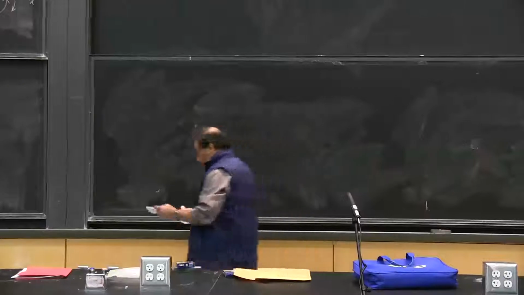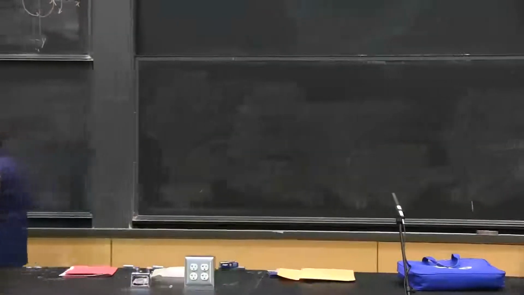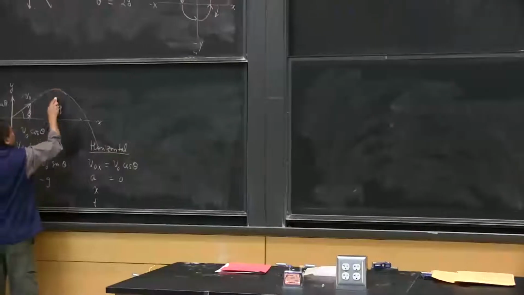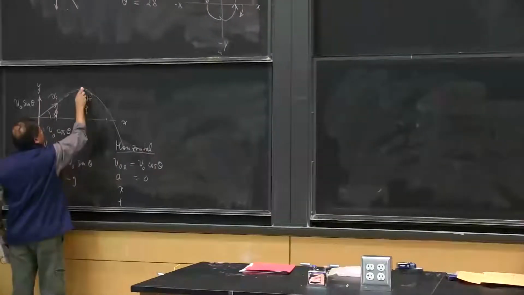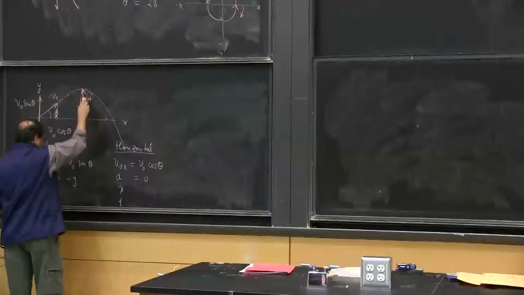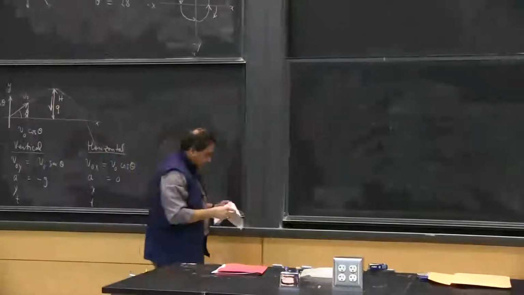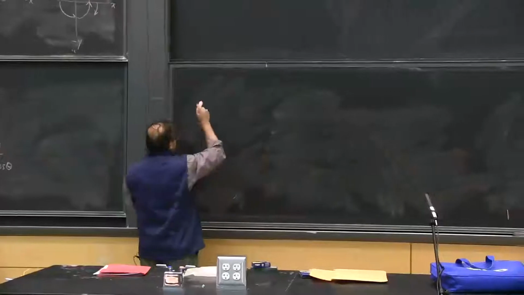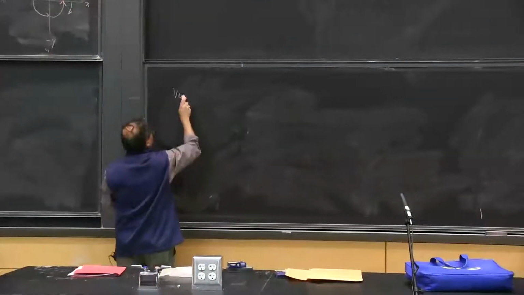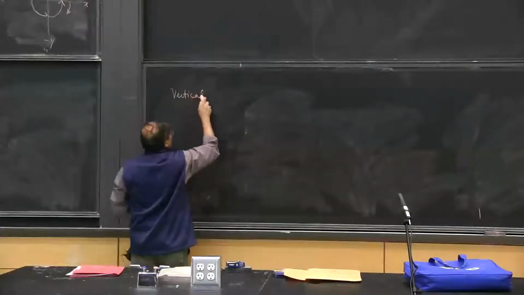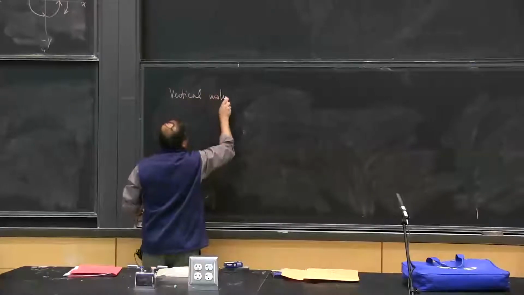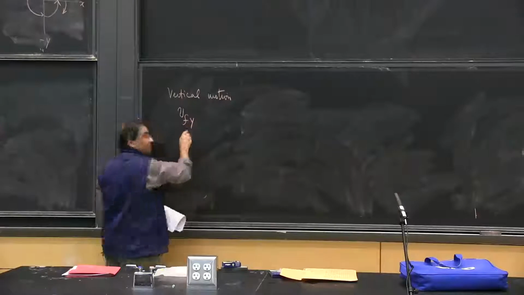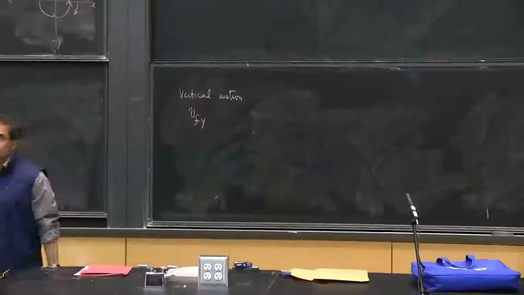A couple of things you can immediately see. Let's say the maximum height it will get up to, let's call this h. We can easily calculate that. If you just consider the vertical motion, then what would v final y be?